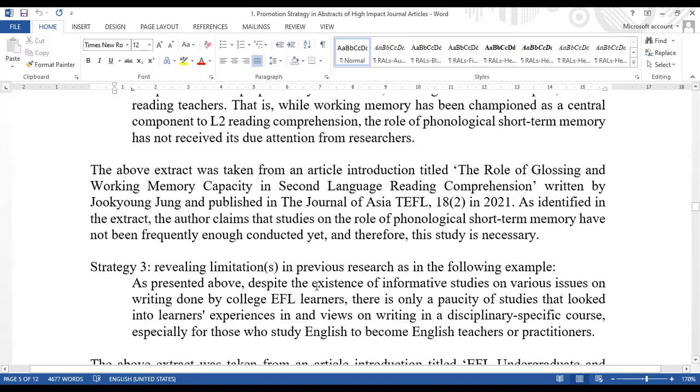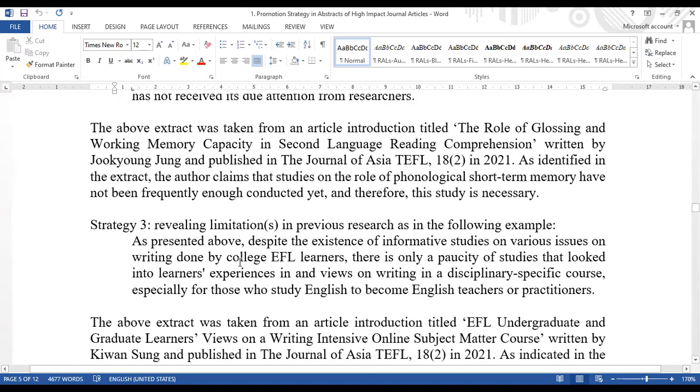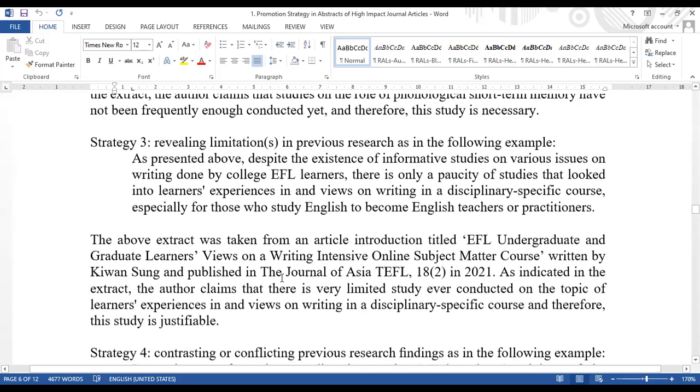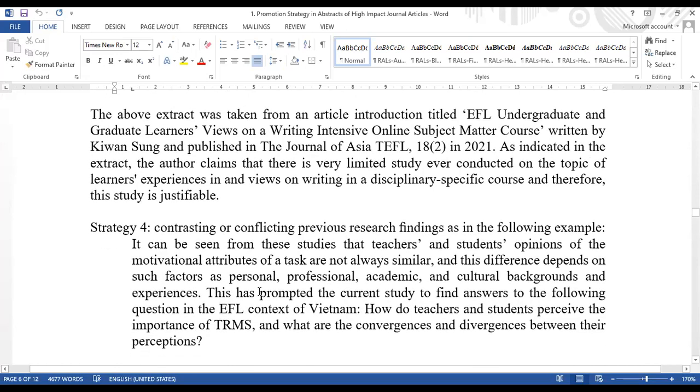A limitation: when the authors mention the studies on various issues in writing only on a particular aspect. Previous studies have some kind of limitation. Although there have been many studies, they have some kind of limitation.